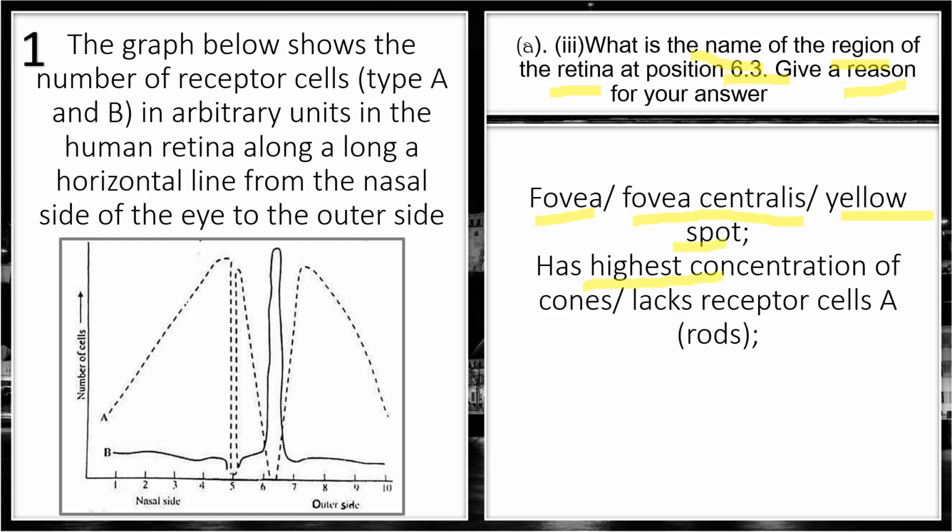This one has the highest concentration of cones, and it lacks receptors A, which are the rods. And that point that we are talking about is this point at 6.3, where we have no rods, but it is where we have the highest concentration of the cones. We call that point the fovea.